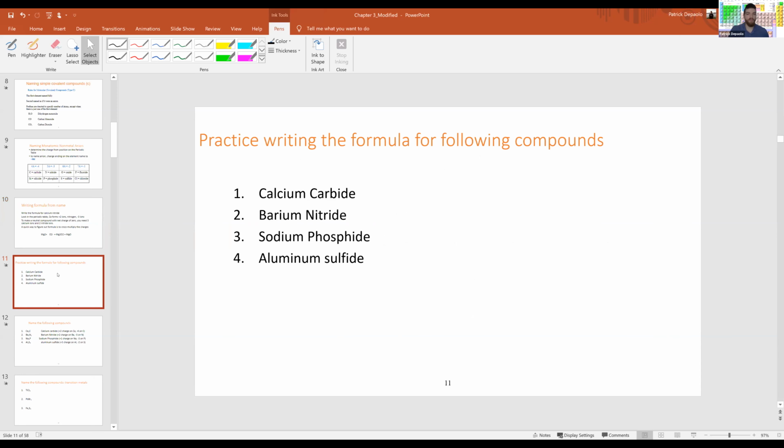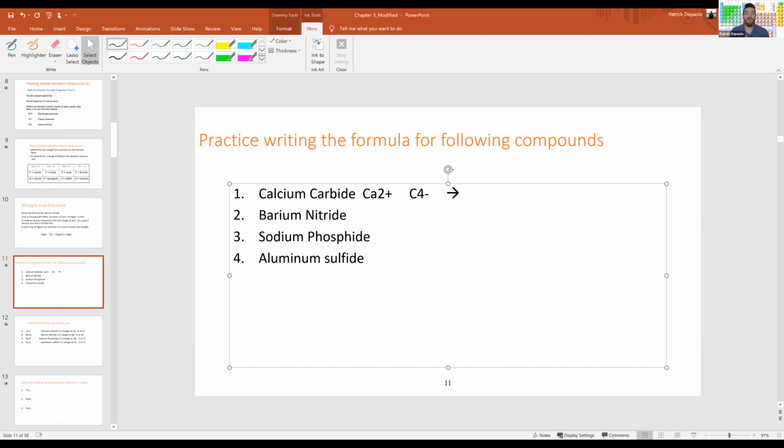No? Okay. Moving on. So let's practice writing formulas. We're going to go through this together. So calcium carbide. I'll write the ion. Calcium is 2 plus. Carbide is 4 minus. There's another case where the rule doesn't work. If you do the rule blindly, you'd get Ca4C2 because you do the crisscross, but that's not true.